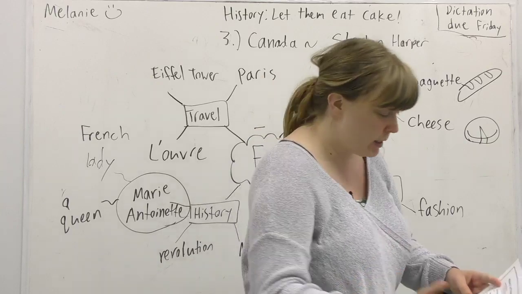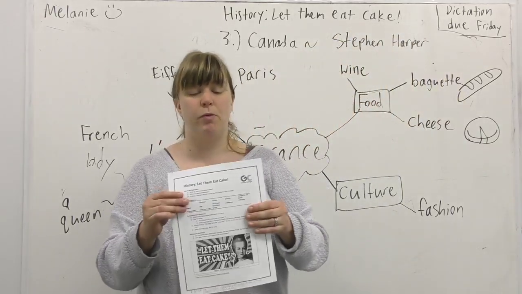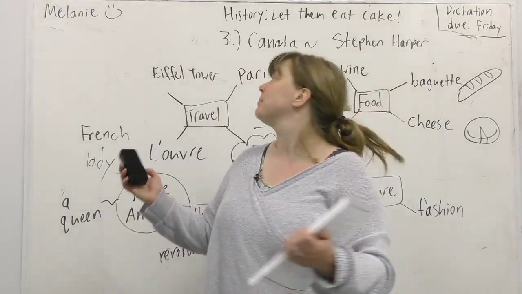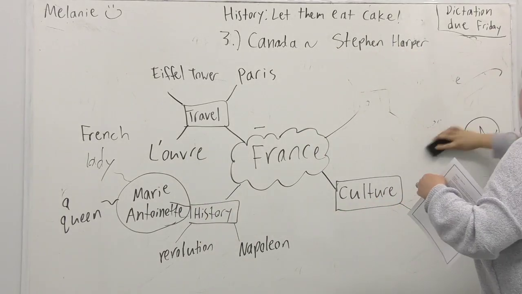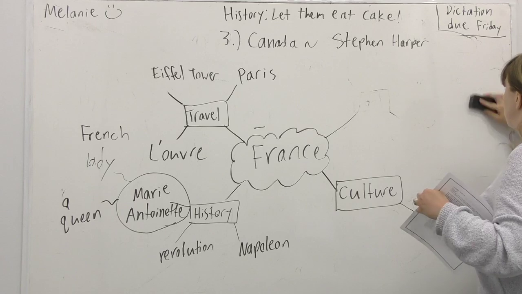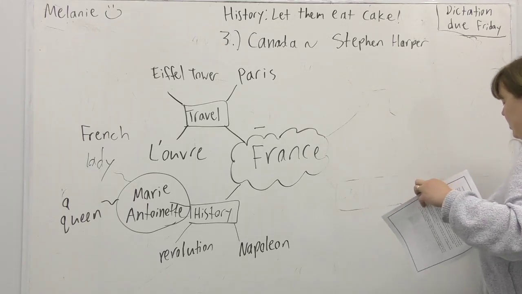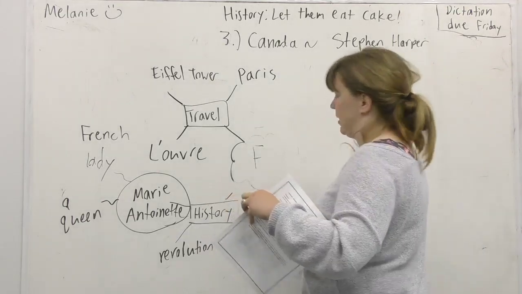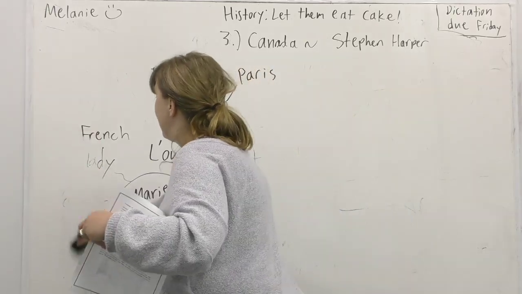Okay, so I'm thinking what we're gonna do now is move on to the key vocabulary. Okay, so let's get rid of this. Bye-bye wine, au revoir baguette, adieu brie and cheese, le fromage. Okay, get rid of all this, get rid of all that.